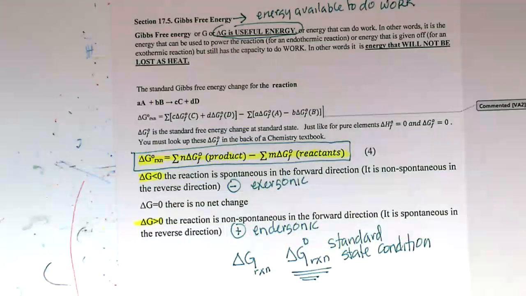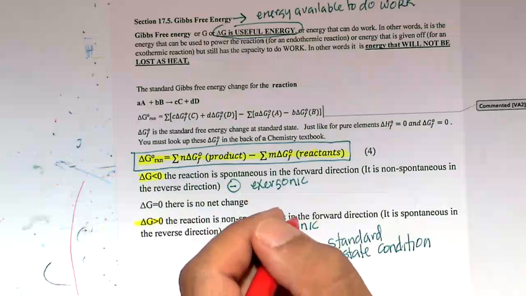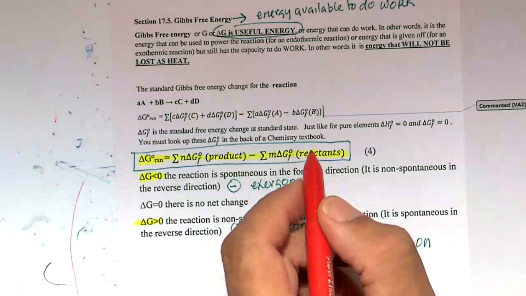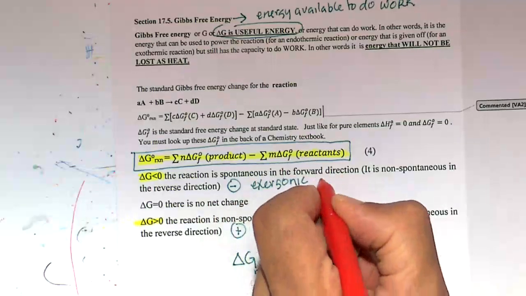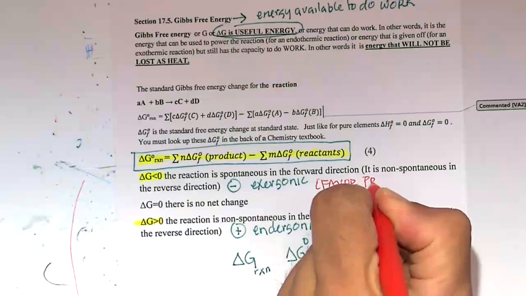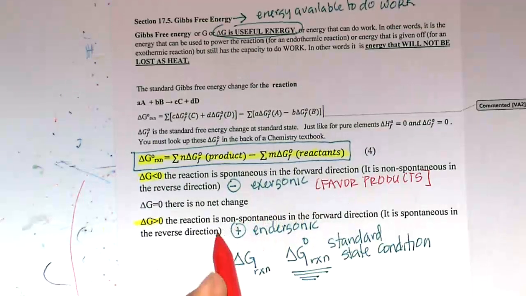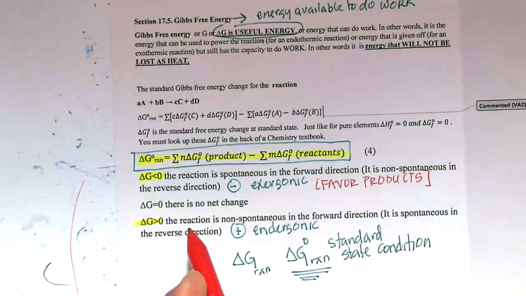An exergonic reaction will release energy, and if it releases energy, it will favor the products. Where will an endergonic reaction favor?